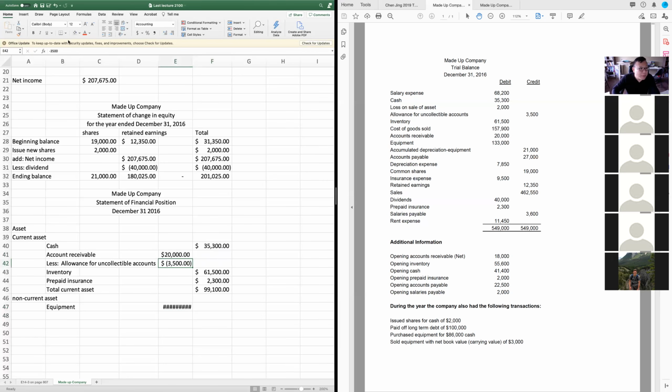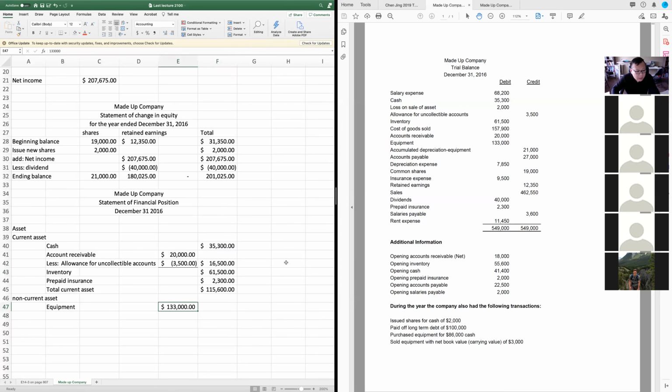So you want to separate it like this, so you can see that these two accounts are connected, right? So for AR and allowance for doubtful accounts, you set them up in the left column and only report the net. That's your net accounts receivable. And this one like this. So equipment, and now you also have depreciation. Very good.